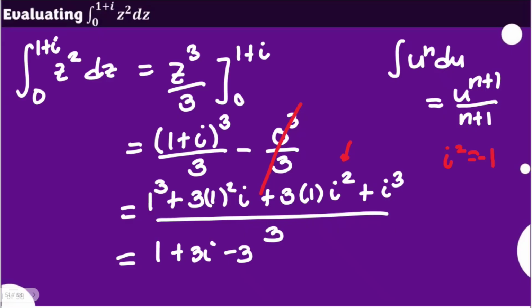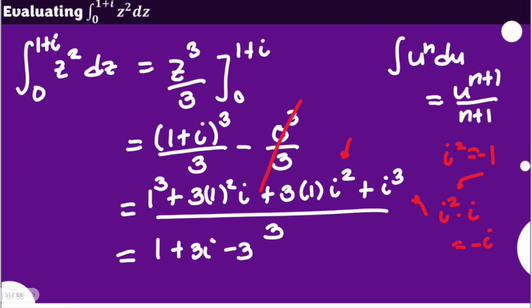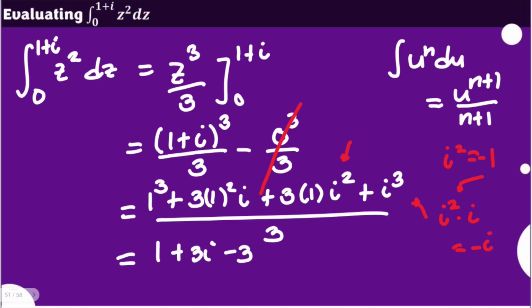And for your i cubed, it's actually i squared times i. Again, i squared is negative 1. That would give us negative i. So this means we have minus i over 3. Hopefully you're following. Again, i cubed is i squared times i, with i squared being negative 1. In short, i cubed is negative i.